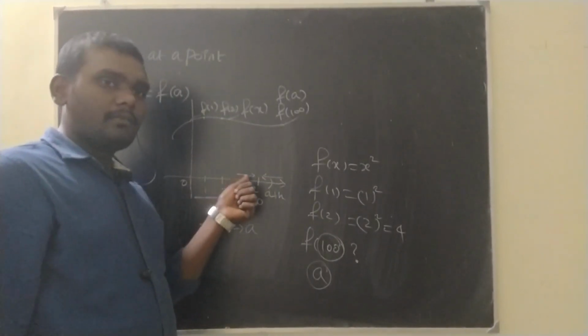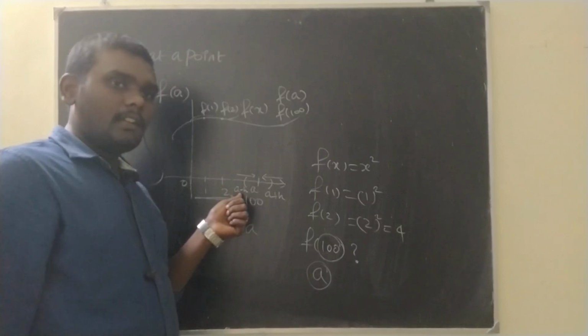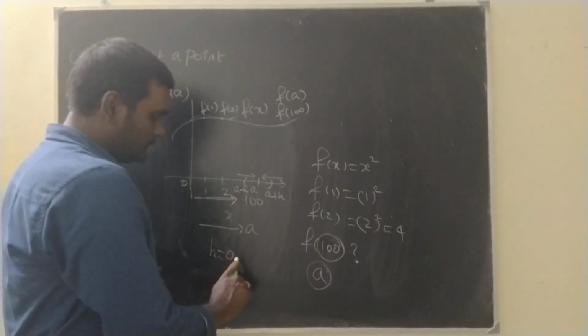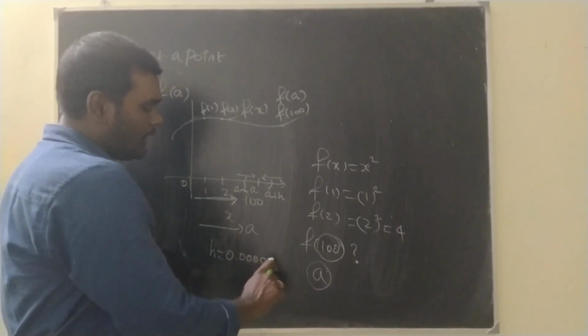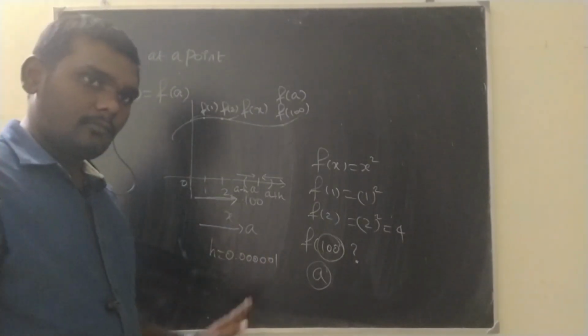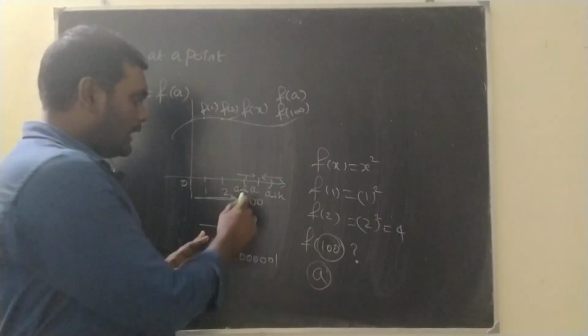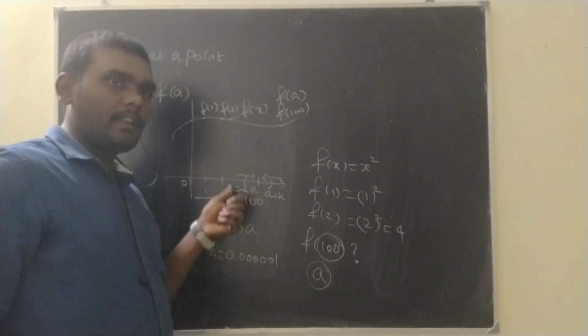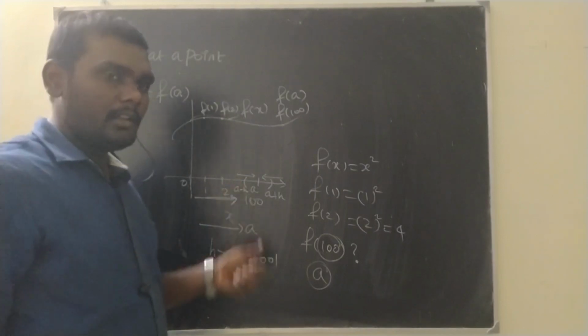If we are approaching from the left side, that is A minus h. What is h? Some minute small value, way smaller, and that difference should reach 0. So how is this defined? Left continuous.